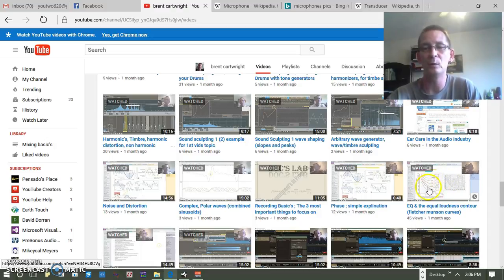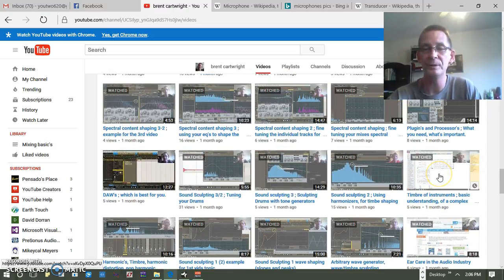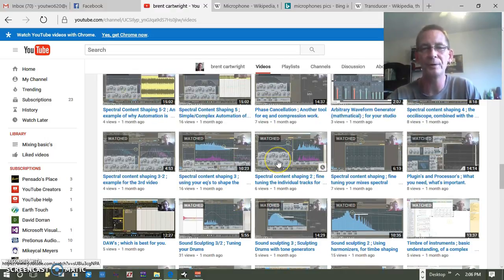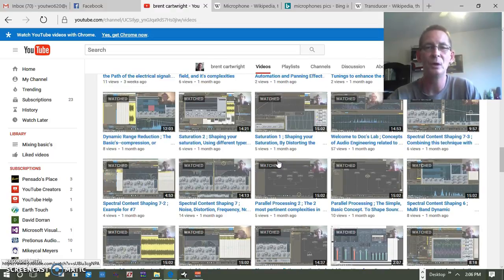The first one is the equal loudness contour, phase, complex polar waveforms, noise and distortion, sound sculpting, harmonics, timbre, harmonic distortion, non-harmonics, timbre of instruments. There are some here on spectral content shaping that have a lot to do with equalization.